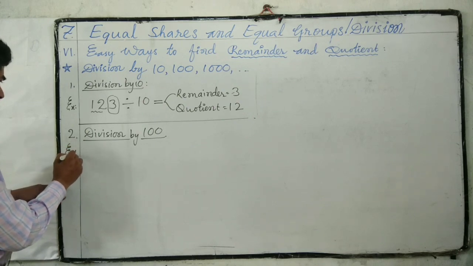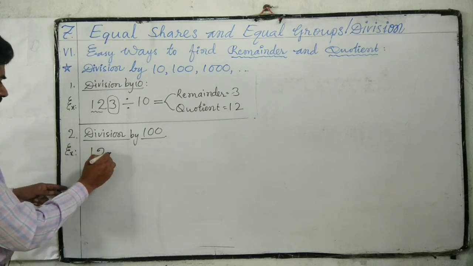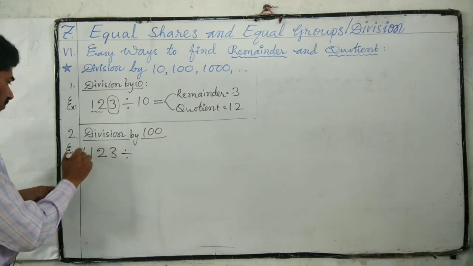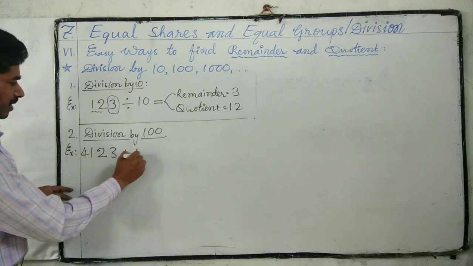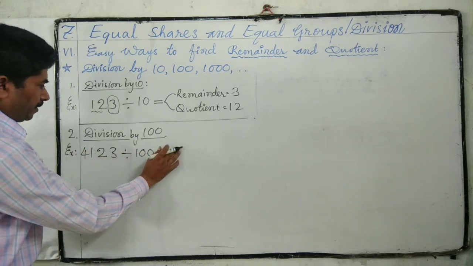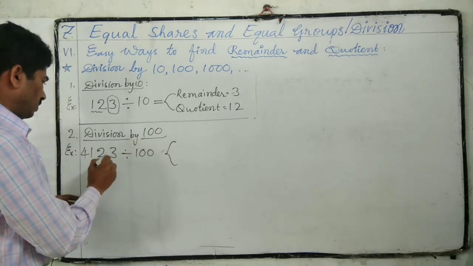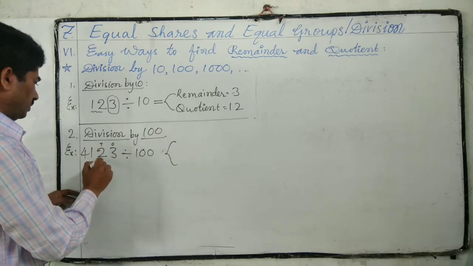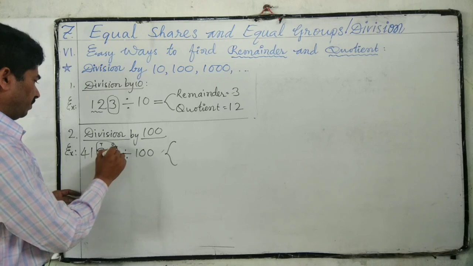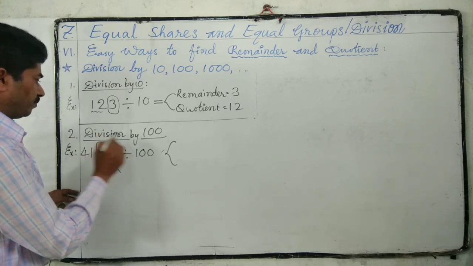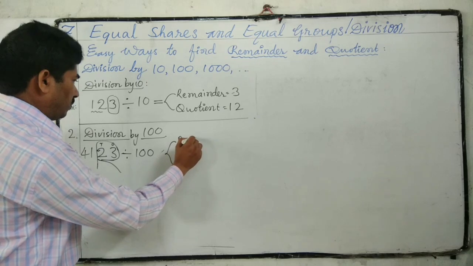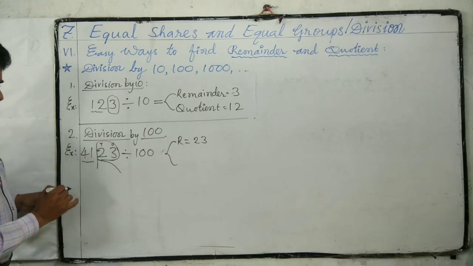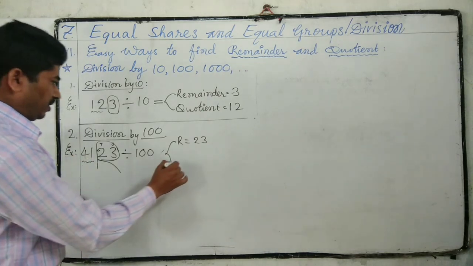Let us see one example. 4123 divided by 100. In this, ones, tens means last two digits. These are the remainder, 23. The number formed by the remaining digits, 41, is the quotient.